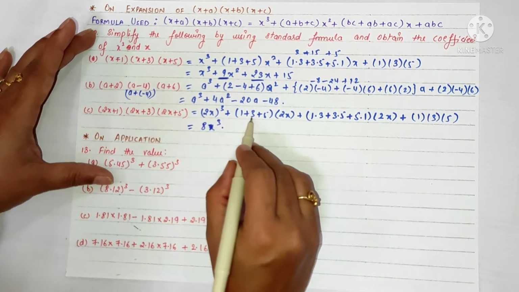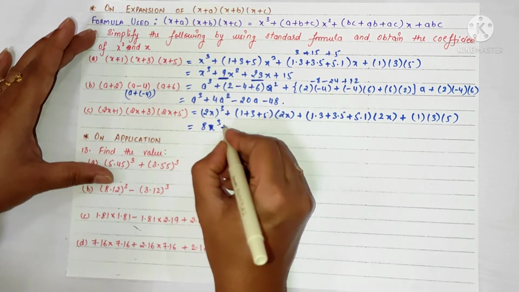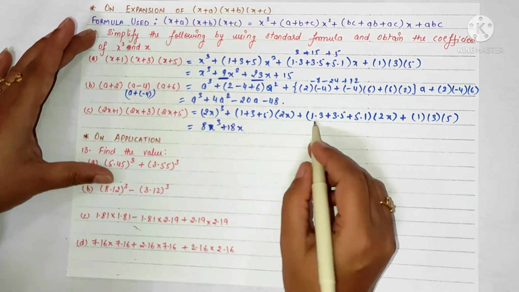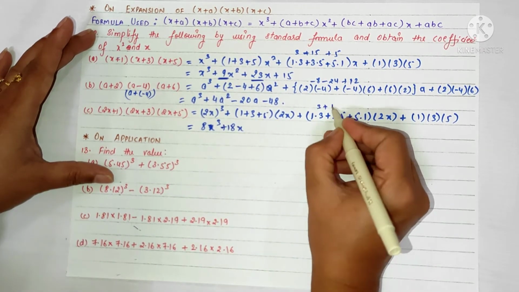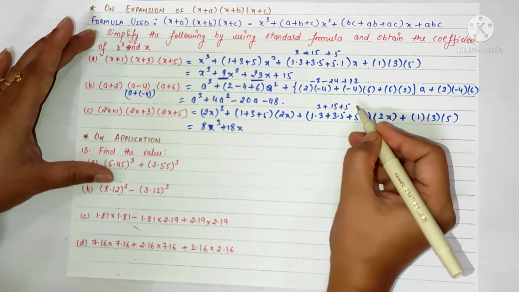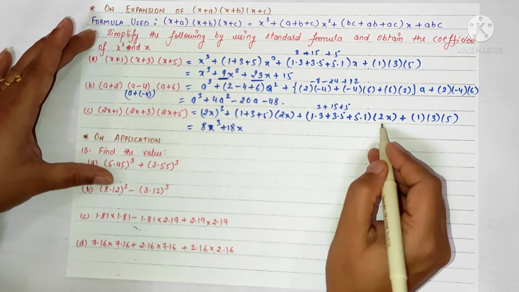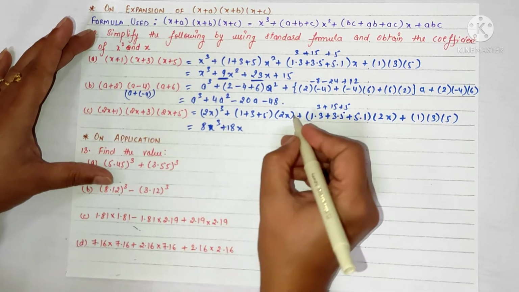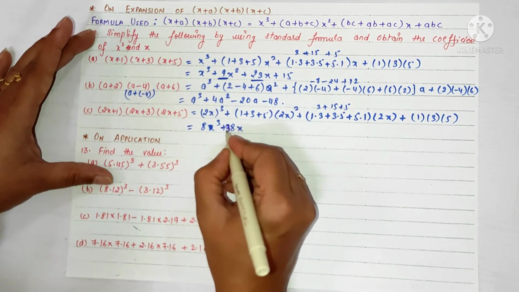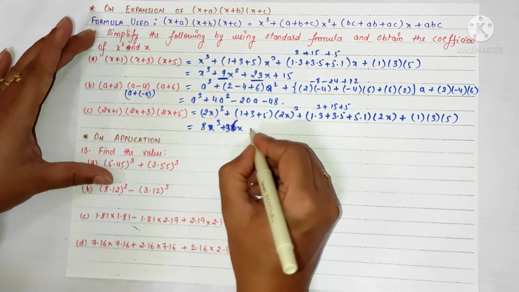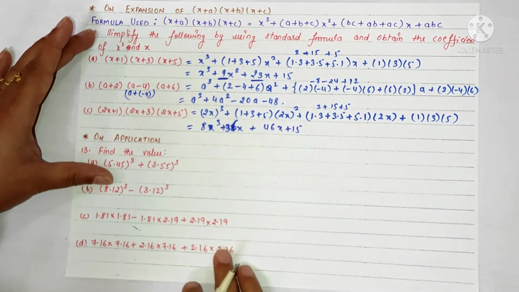So 3 plus 1 is 4, 4 plus 5 is 9 and 9 2s is 18x. And on solving this, 3 1s are 3 plus 5 3s are 15 plus 5. Again we'll get this as 23. 23 into 2 is 46. Here it is x square, so we'll be multiplying by 2 again. So it is 36x square plus 46x plus 15.